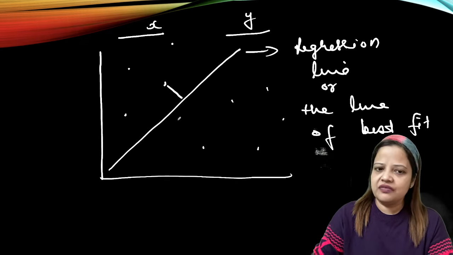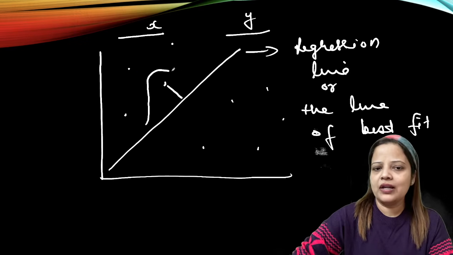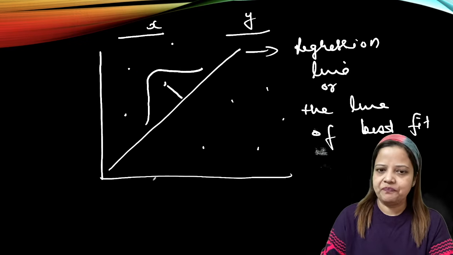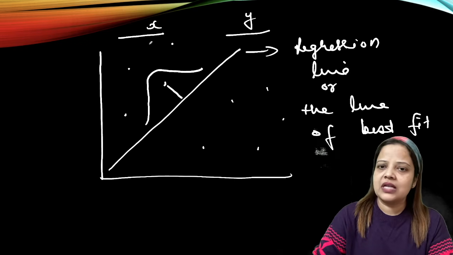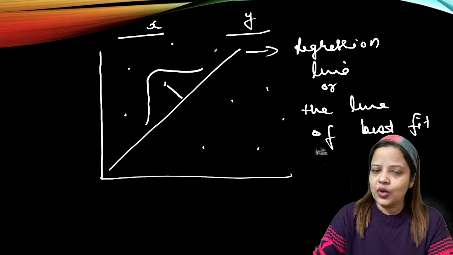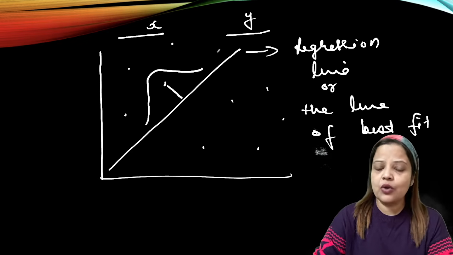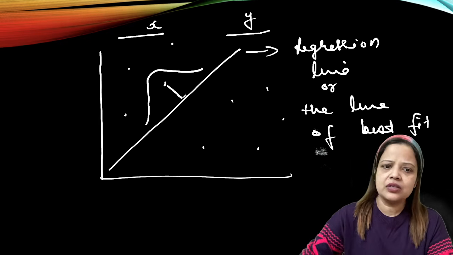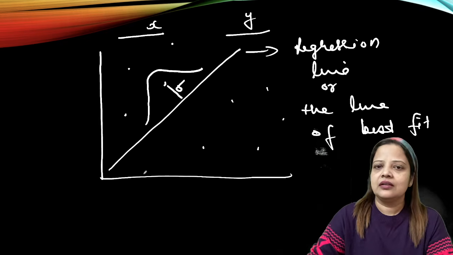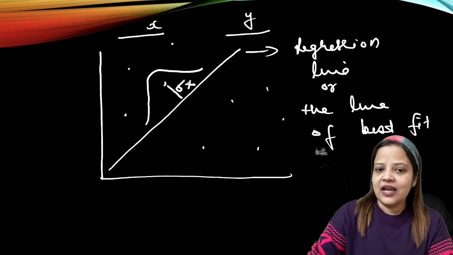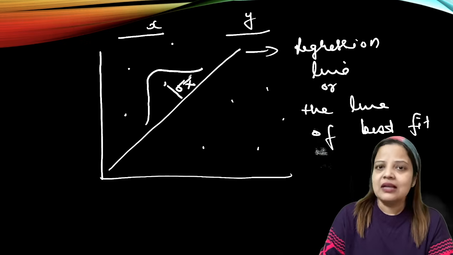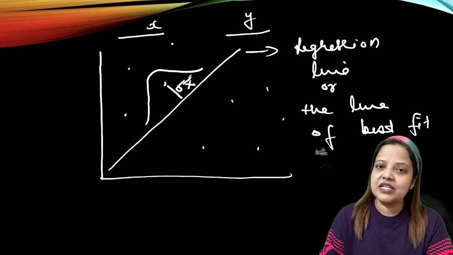To estimate the deviation, we draw one cap-like structure on that data. And to find out whether these two variables are associated or not, first we find the correlation coefficient, and to find the correlation coefficient we have to find the standard deviation, and to find the standard deviation we have to find the arithmetic mean, because standard deviation can be found with the help of arithmetic mean only.